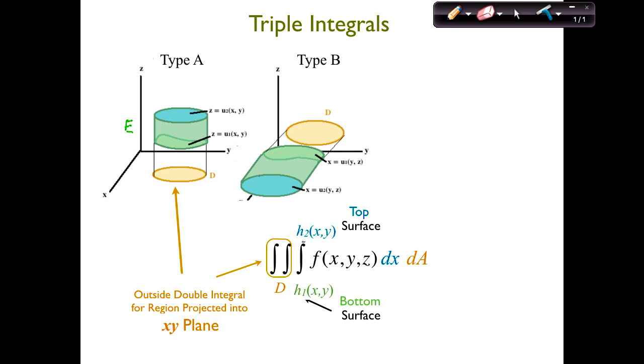And then if it's x, then it'll be what to what? Back to front. If we're doing x first, we're in the x direction. Back surface, x as a function of y and z, to front surface, x as a function of y and z. And then our outside double integral will be in what plane?